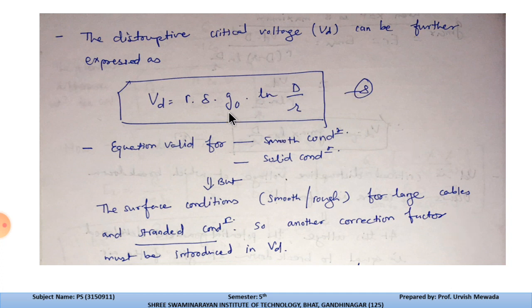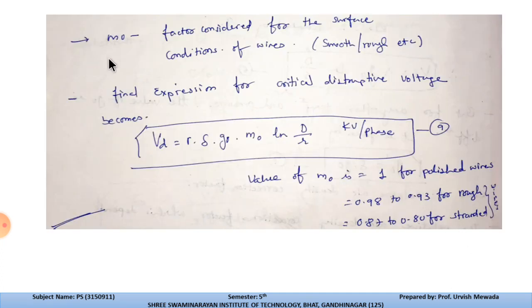So Vd is again written with one factor introduced, that is M0, the factor considered for the surface condition of the wire, smooth or rough: r delta G0 M0 ln d by r. This is the final expression for the critical disruptive voltage, and the unit of this Vd is kV per phase. Equation number 9 indicates the critical disruptive voltage at which the corona starts forming.